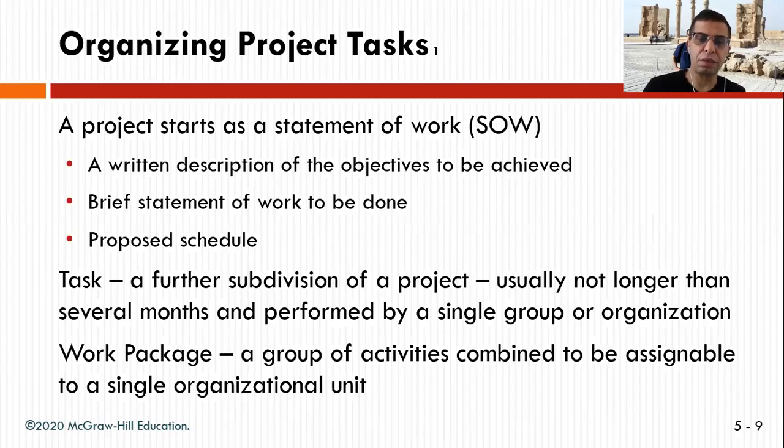The task is a further subdivision of the project. So when you have a project, you divide it into tasks and then subtasks and activities. Usually a task is no longer than several months, and is performed by a single group or organization.